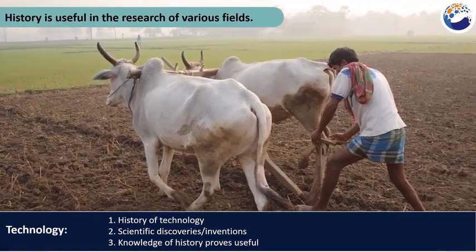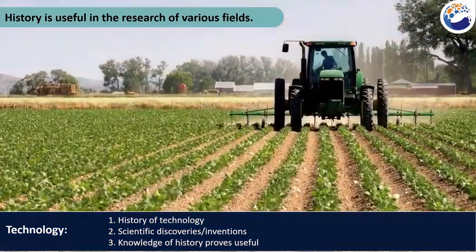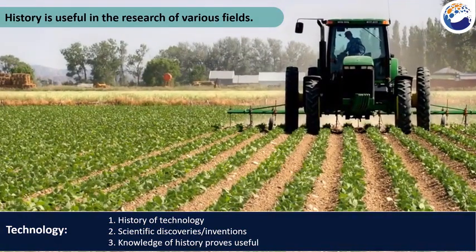3. Technology. 1. The history of technology helps in understanding the changes and their causes in the field of agricultural production, commodity production, architecture, engineering, etc. 2. Scientific discoveries or inventions and technological advancement are mutually dependent on each other.